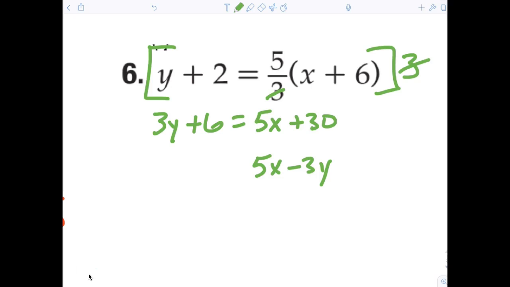Now I have to move the 30. When I move the 30, it's what? Yes. So if I subtract 30, I get negative 24. So in standard form, that would be 5x minus 3y equals negative 24. I'm very happy.